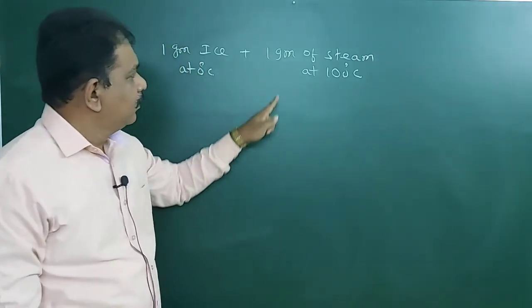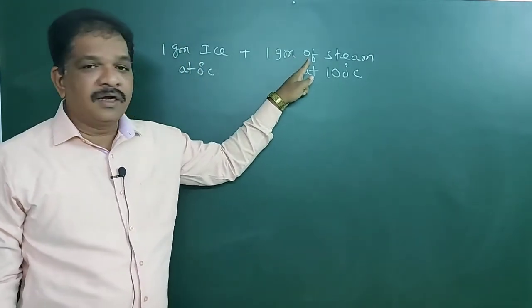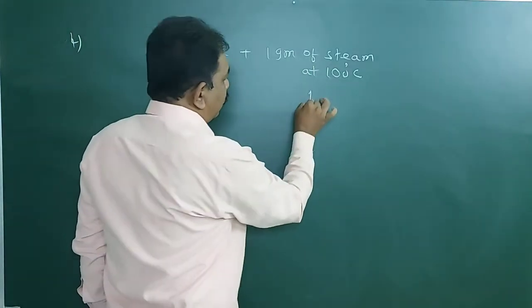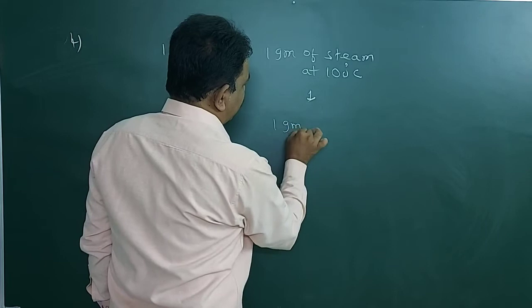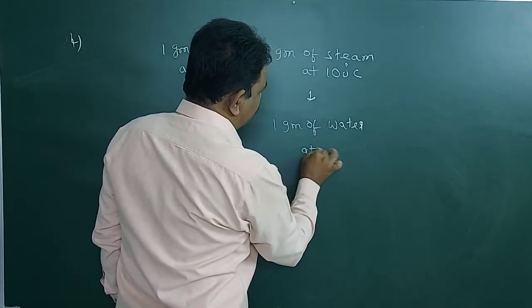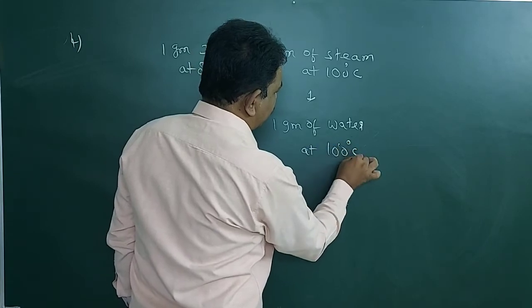That is the question. After this, 1 gram of steam will convert into 1 gram of water at 100 degrees centigrade.